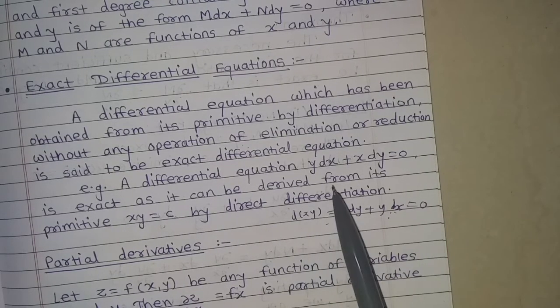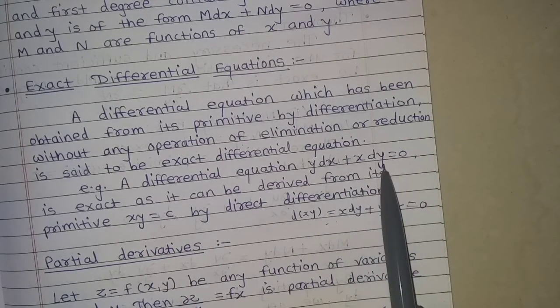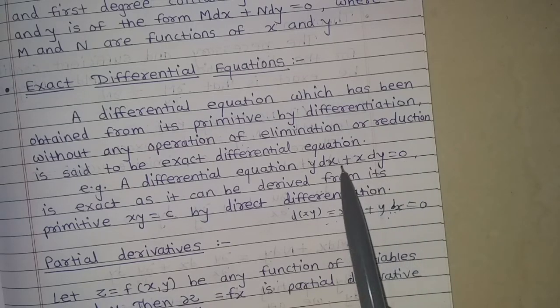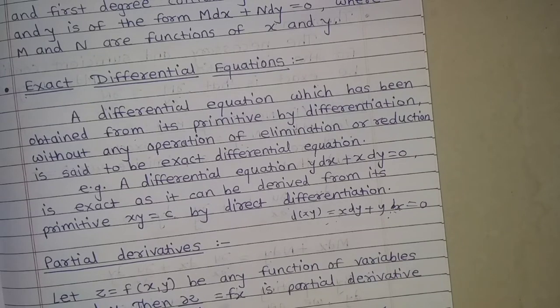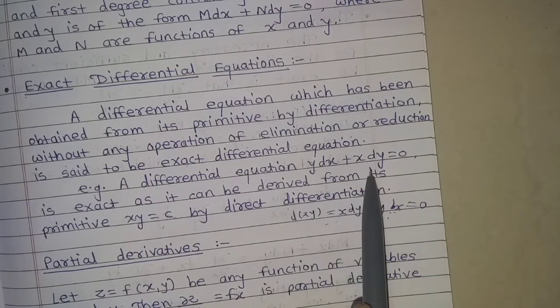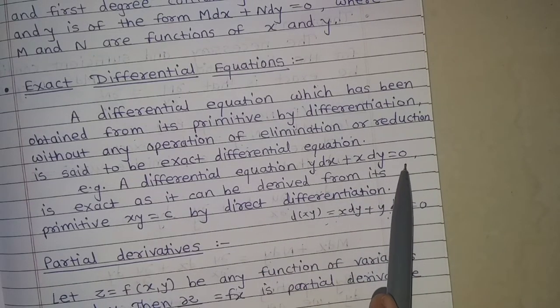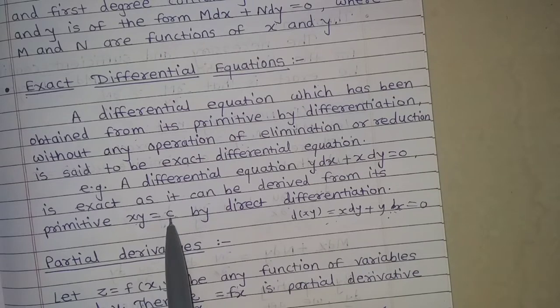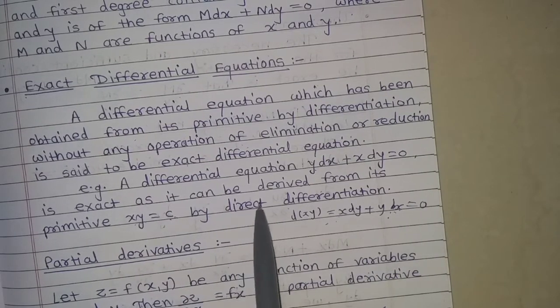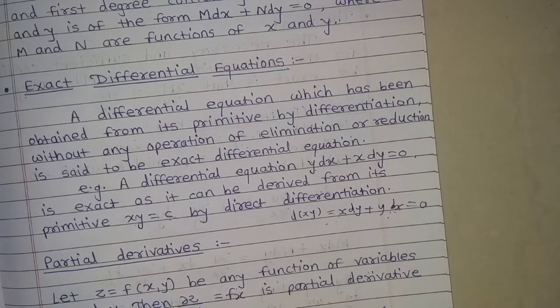Hence, this is an exact differential equation by definition. That is, y dx plus x dy equal to 0 is exact differential equation since it is obtained from its primitive xy equal to c by direct differentiation.